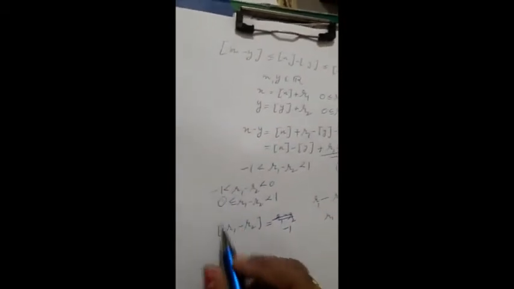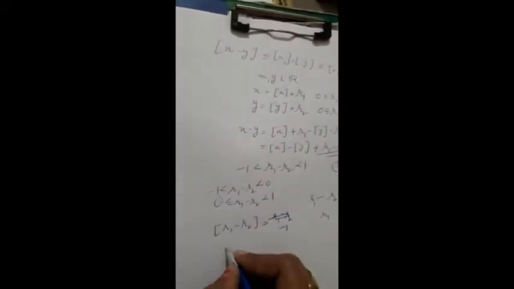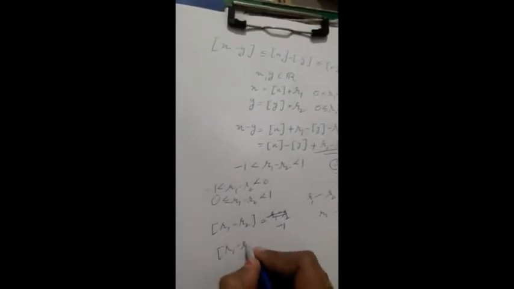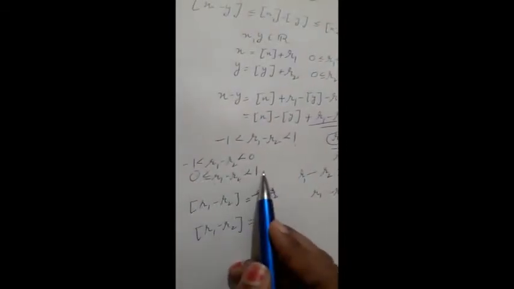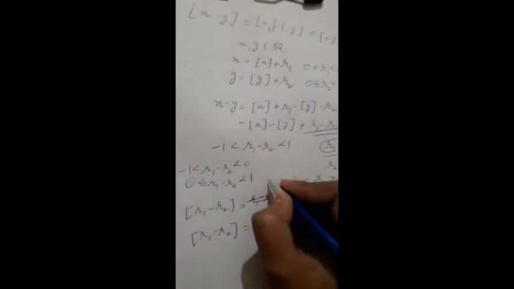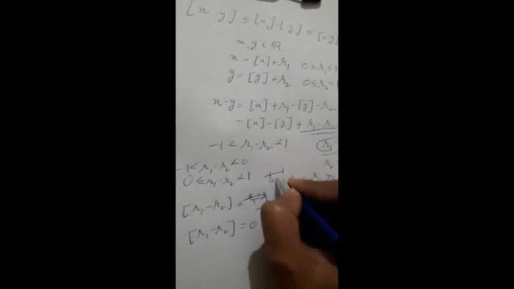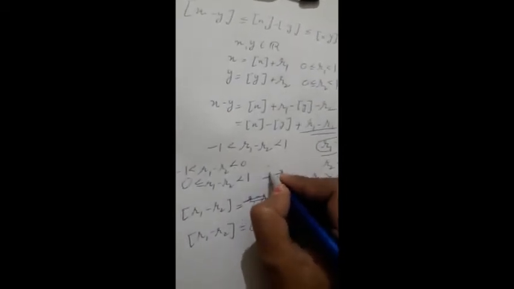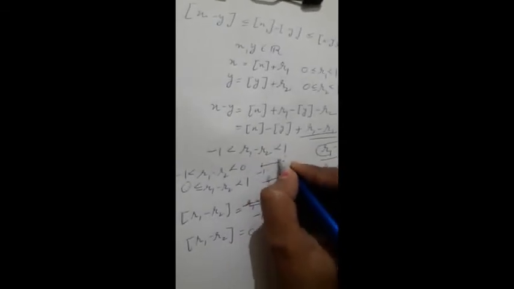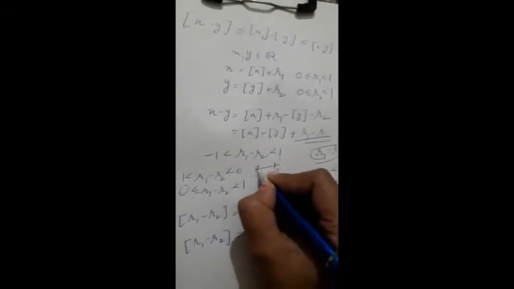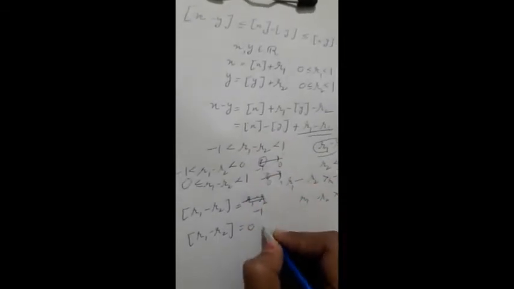And what about r1 minus r2 when it lies between 0 and 1? Its greatest integer is 0 because it is less than 1. It lies between 0 and 1, so its greatest integer is 0. And here it lies between minus 1 and 0, so its greatest integer is the left part, that is minus 1.